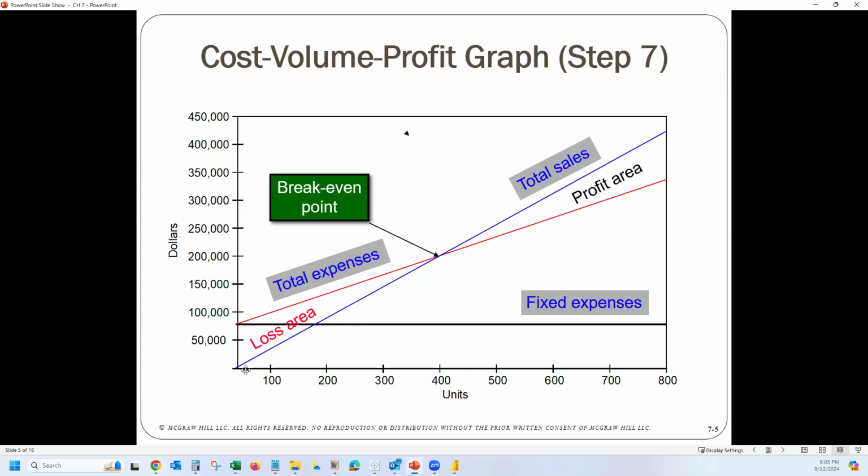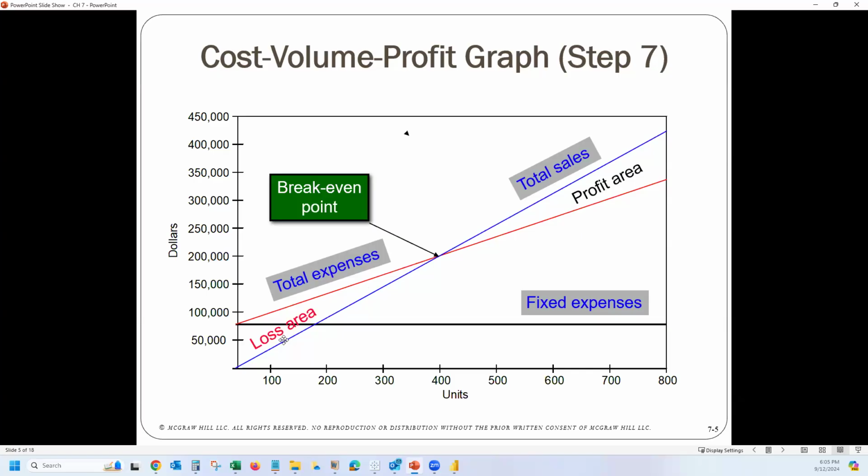However, the variable cost will change as the number of units we produce increases. So the variable cost here, which is the red line you see here, continues to increase as the volume of our production increases from 0 points to 800 points.